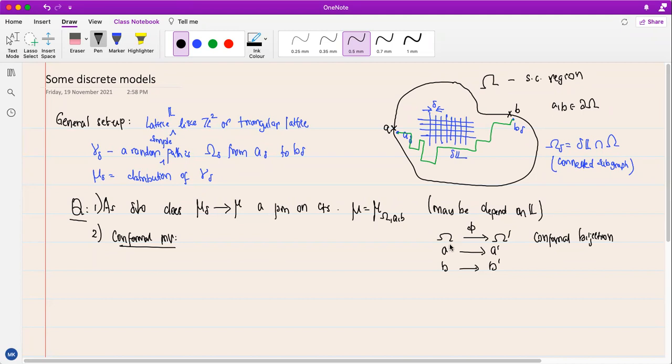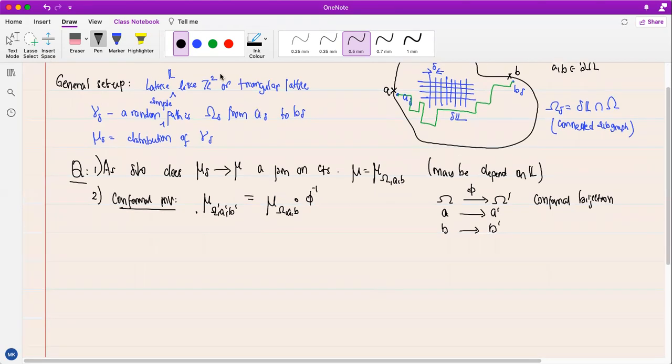In many situations, we understand that these conformal maps extend all the way to the boundary, and phi of A will be well defined as a single point on the boundary. It's true for Jordan domains, for example. So phi of A is A dash, phi of B is B dash. Conformal invariance is the statement that the measure mu on omega dash A dash B dash is the same as the measure on omega AB pushed forward by the conformal map phi.